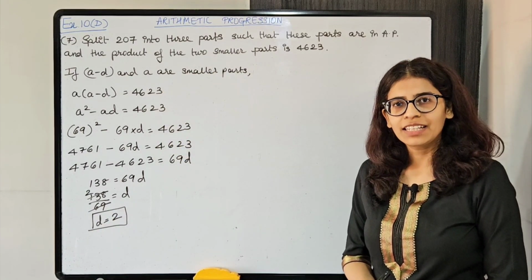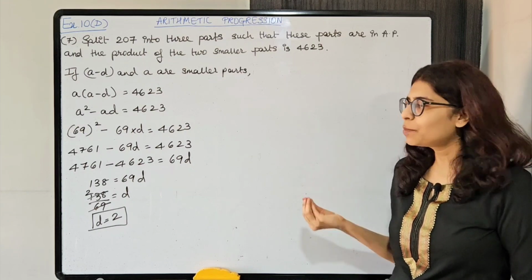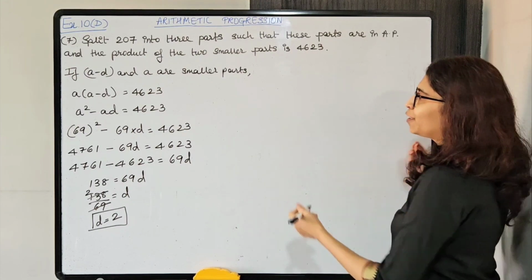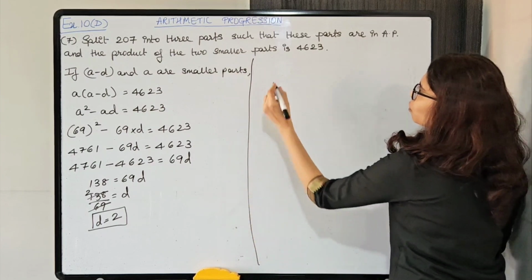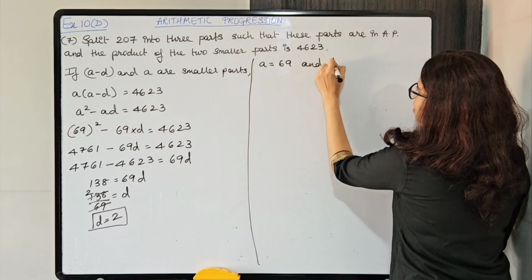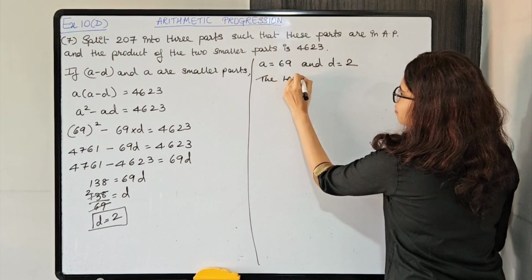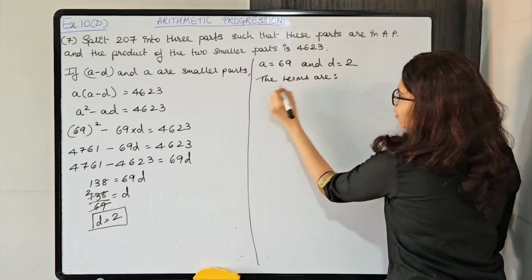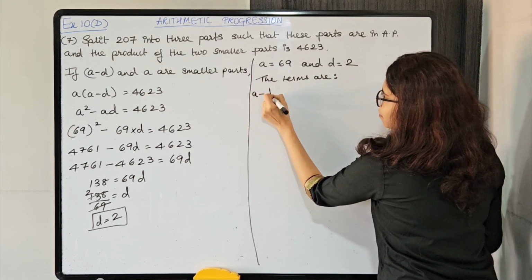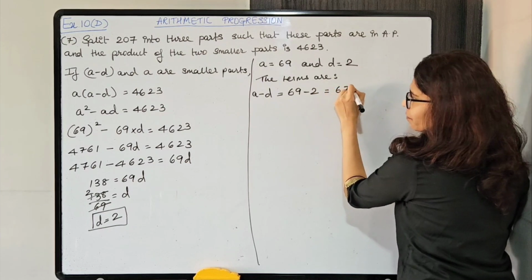Before considering the second case, let us find out the AP of the first case. In the first case, A is known, D is known, so let's find the AP. A is 69 and D is 2. So the terms are A minus D, that is 69 minus 2, which is 67.